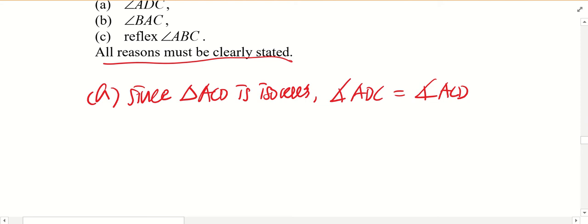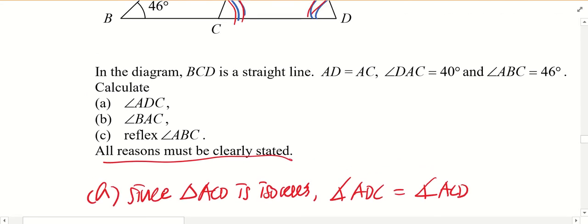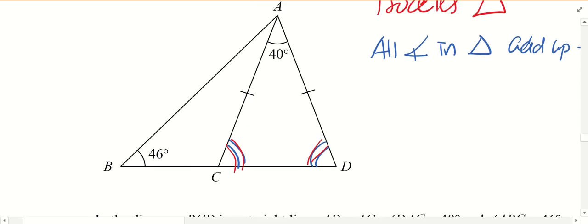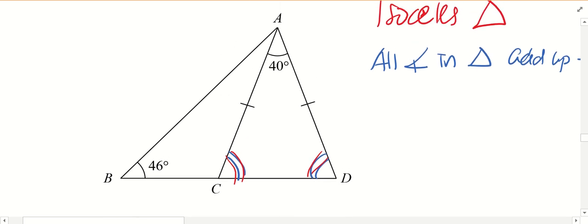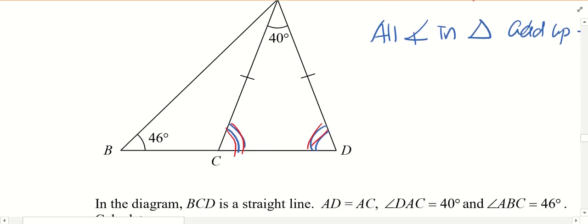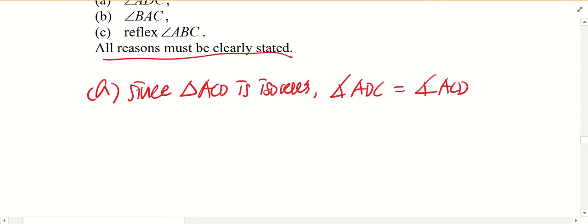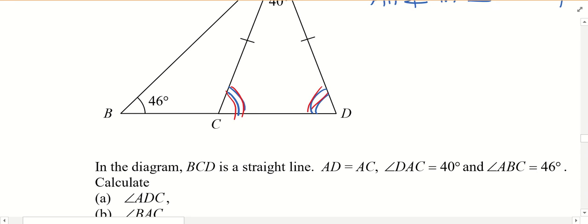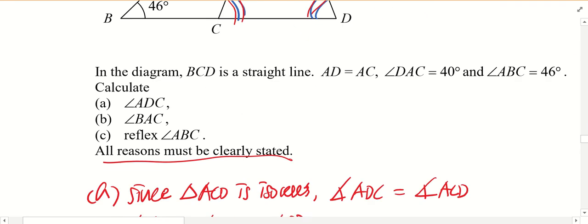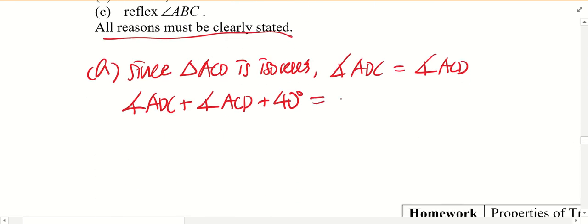Now we also know that all three angles add up to 180 degrees, as we discussed just now. So immediately we can go in and find ADC. We know that angle ADC plus angle ACD plus 40 degrees, the angle right at the top over here, gives me 180 degrees.